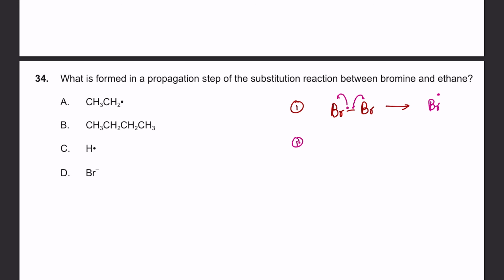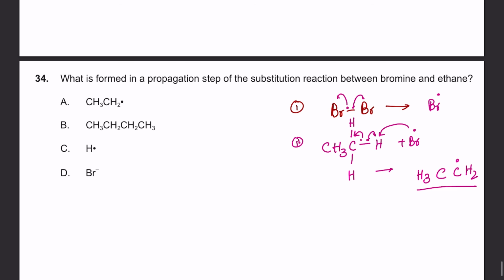The second step is the propagation step, in which I can draw it this way. Bromine will snatch away this hydrogen, and this bond will also break in a homolytic fashion. So this radical is formed in the homolytic fission. So option A is the correct answer here.